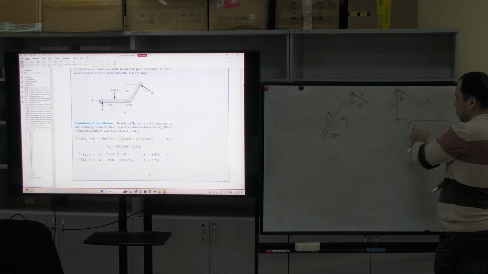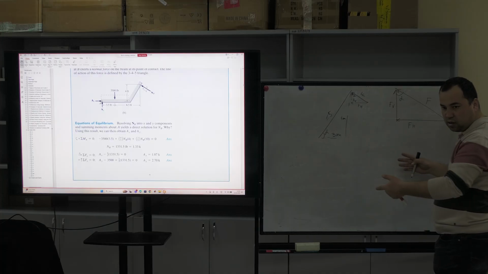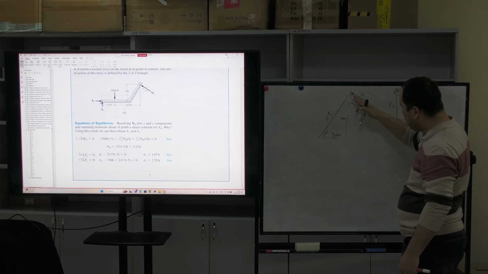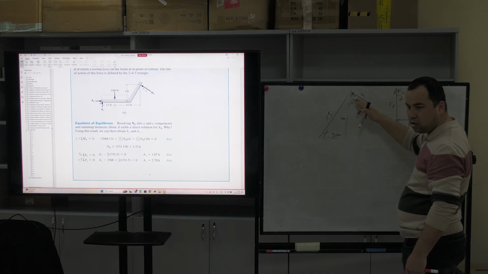The total force separates into a horizontal component and a vertical component. You understand?